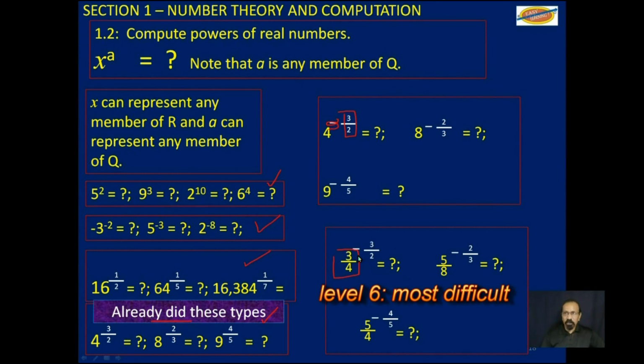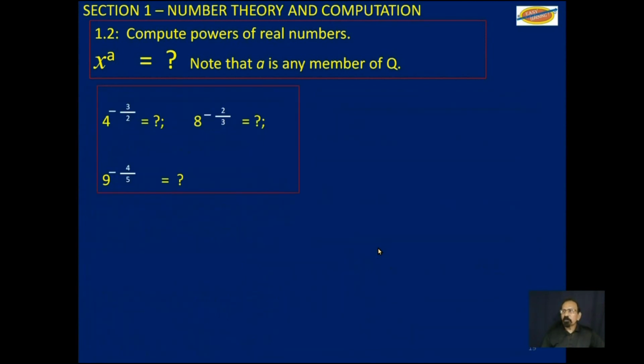So the base is a fraction, and the index is a negative fraction as well. So 4 to the negative 3/2 power, and 8 to the negative 2/3 power, and 9 to the negative 4/5 power. What that negative means is that everything here goes under 1.